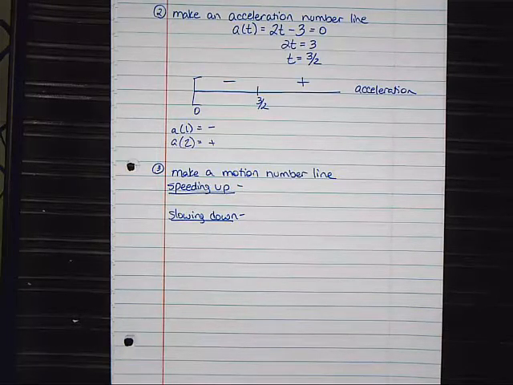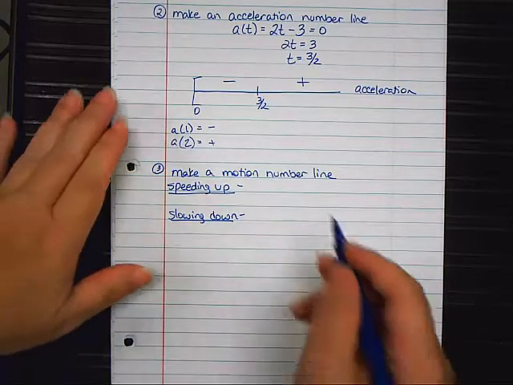Okay. I was under the misconception for a long time, because I didn't take physics, that speeding up meant the acceleration was positive. That's not what it means. Speeding up does not necessarily mean a positive acceleration. You have to look at both the velocity and the acceleration, and they have to be doing the same thing. The velocity and acceleration have to be the same sign in order to be speeding up.